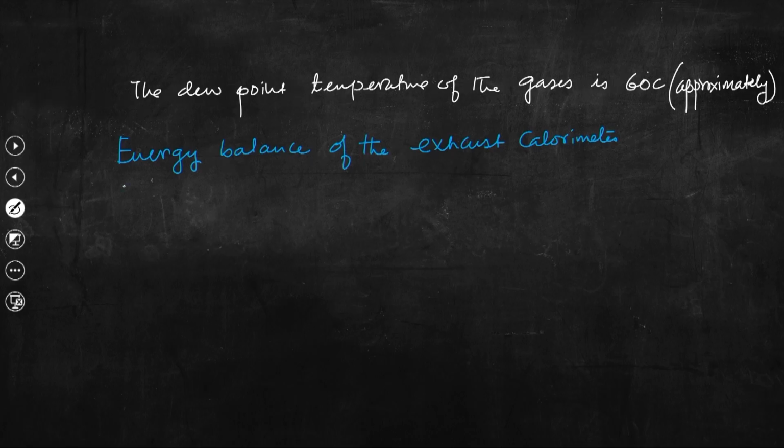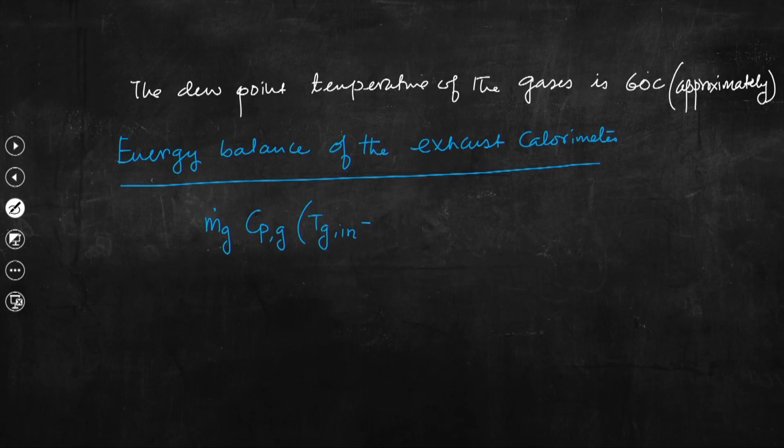Right. So, if we take an effort to have this, then we can write m dot g, that is the mass flow rate of gas leaving the calorimeter, into Cpg into Tg in minus Tg out.